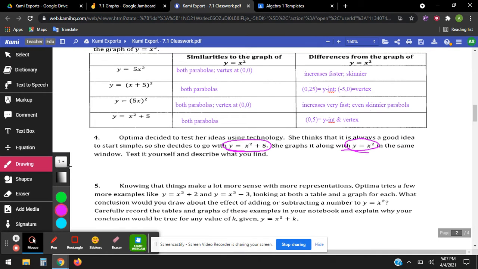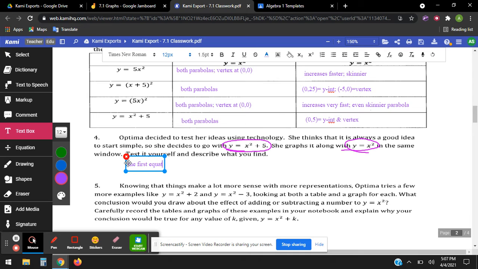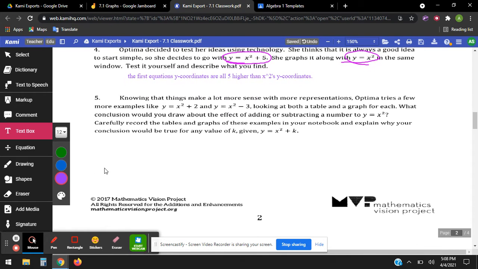So what we're going to put on here is the first equation's y coordinates are all 5 higher than x squared's coordinates. Okay, so all it did was shift everything up 5. So knowing this makes a lot more sense.